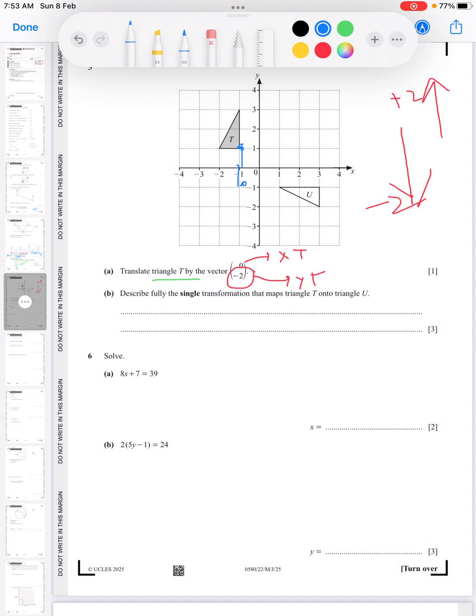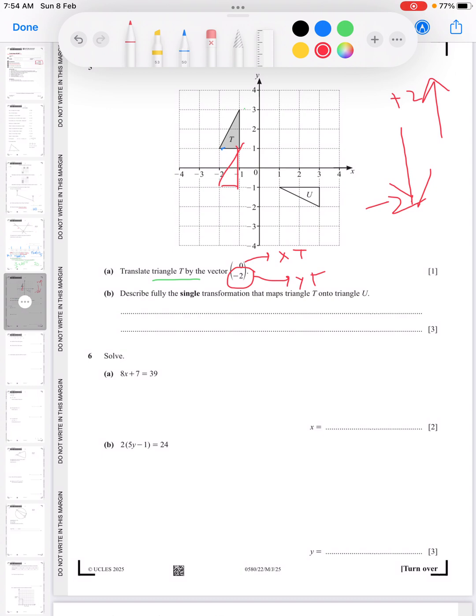Similarly for this one, also 1, 2. So this point is here. Yes, this one, right? And this is our translation. I will draw a clear picture. Right, this is our translation.